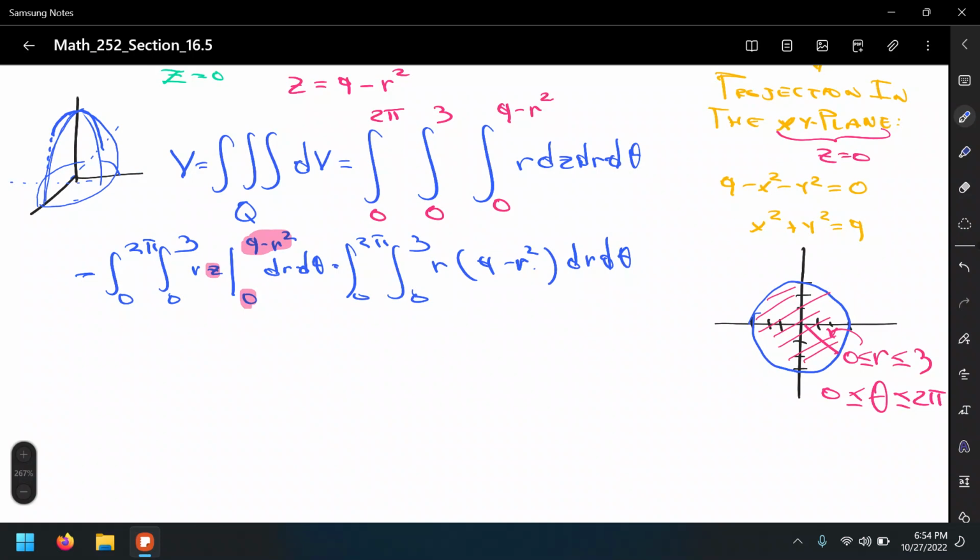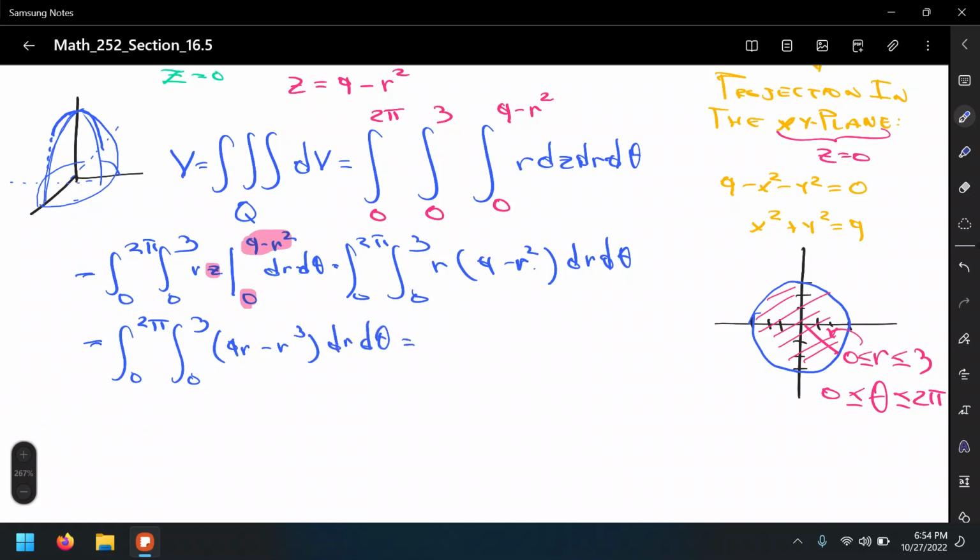Now we're going to integrate with respect to r. Everything right here is in terms of r. However, let's distribute to make our integration a lot easier. Integral from 0 to 2 pi, integral from 0 to 3, so that's 9r minus r cubed dr d theta.